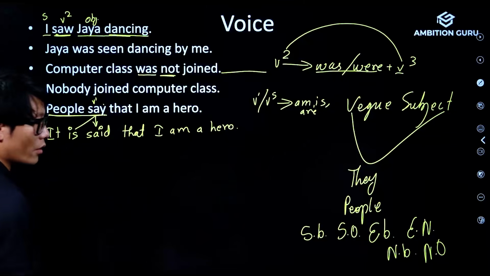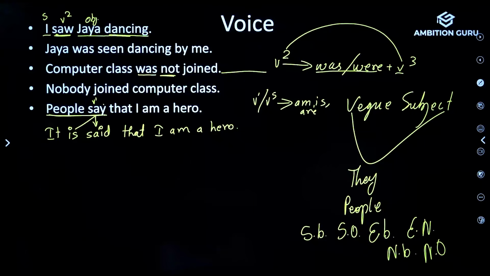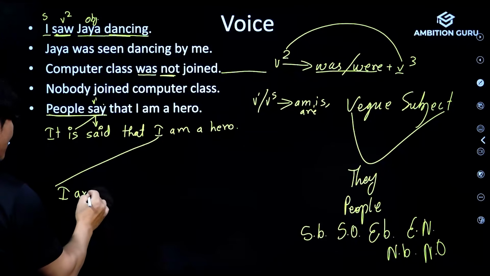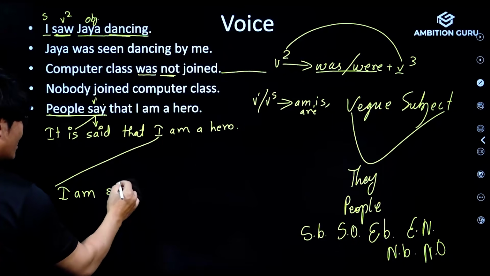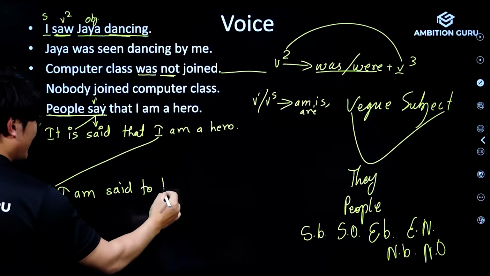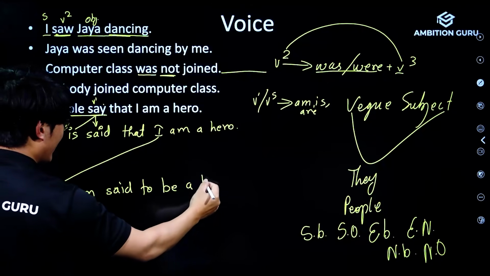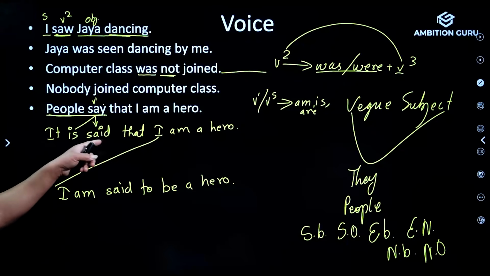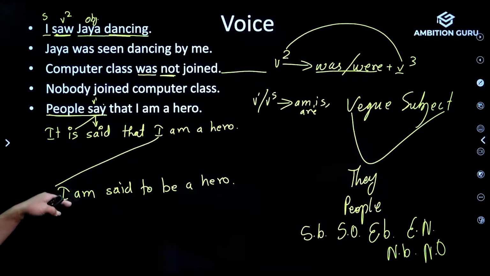I am a hero. But even, yes, Rupesh, you are right. Even we can write like this: I am said to be a hero. So it has two answers. One is "it is said that I am a hero". The second answer is "I am said to be a hero".